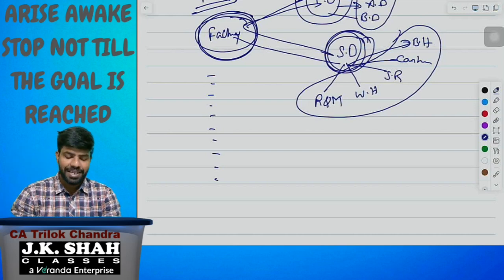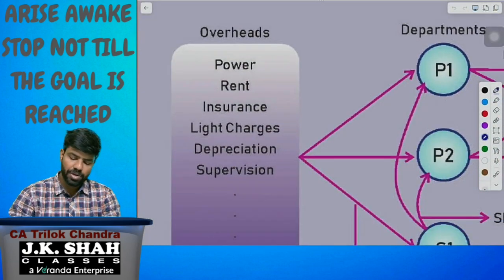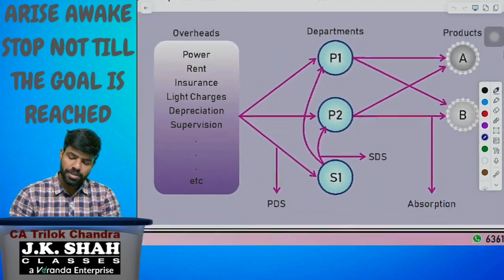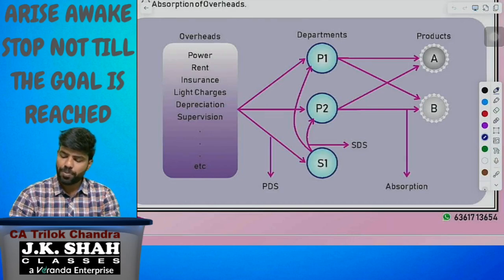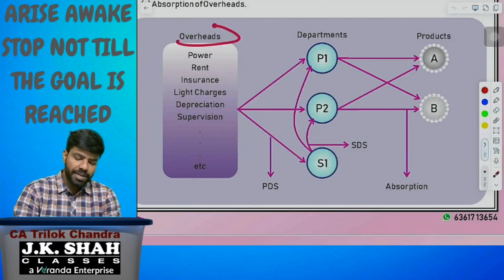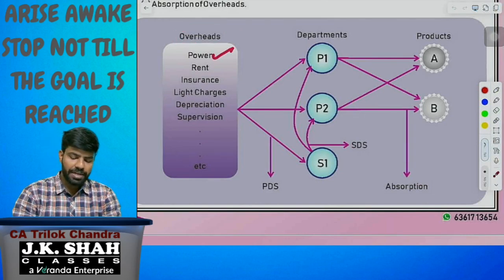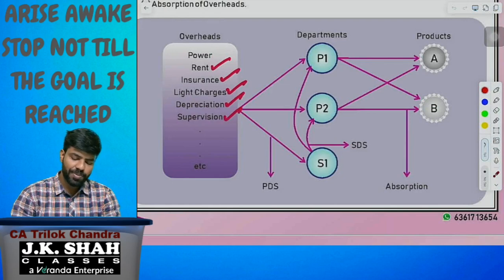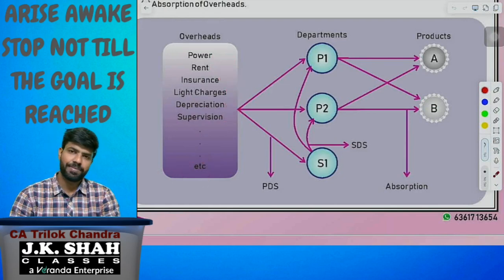For better understanding, I have drawn one chart. Let us understand through the chart. Look here. This is the overview of the absorption process. I am taking the overheads, the fixed manufacturing overheads: power, rent, insurance, lighting charges, depreciation, supervision, etc. Like this, we will make a list of all the expenses.